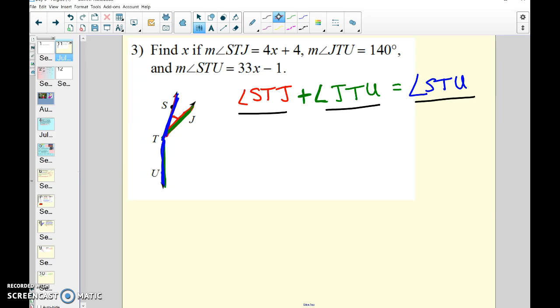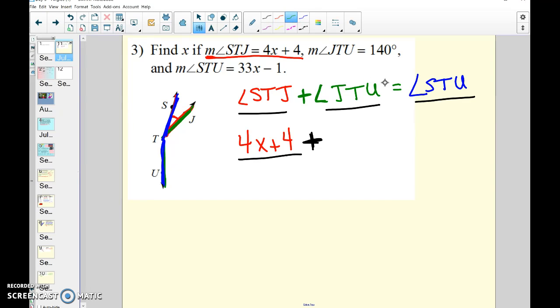They tell us that the measure, that's what the little m means, the measure of STJ equals 4x plus 4. That means I can take this group and substitute in 4x plus 4. All right, not too bad so far. It also tells me that JTU is equal to 140 degrees.